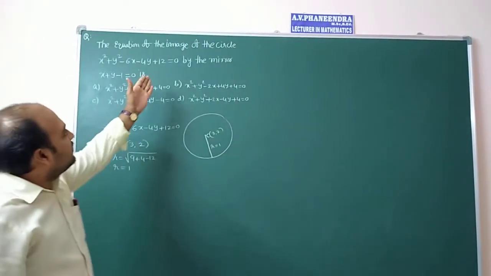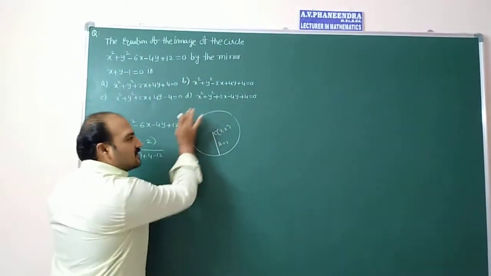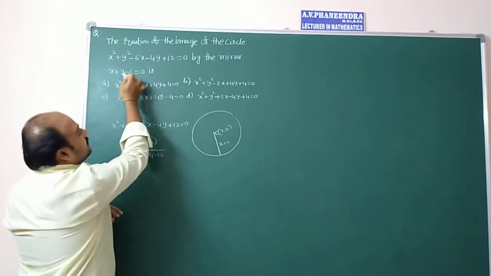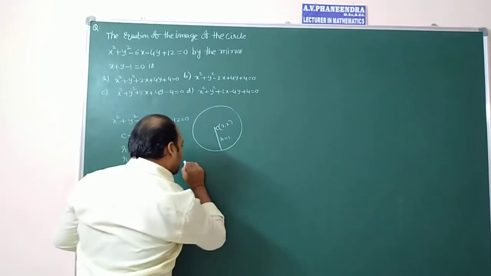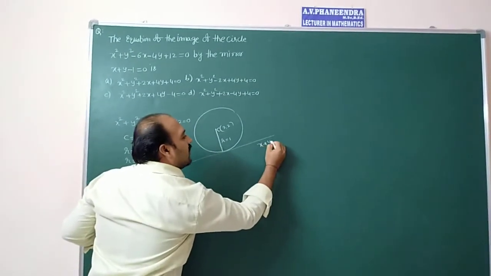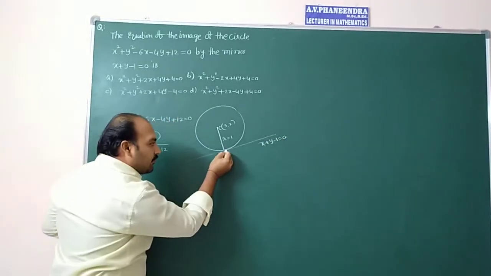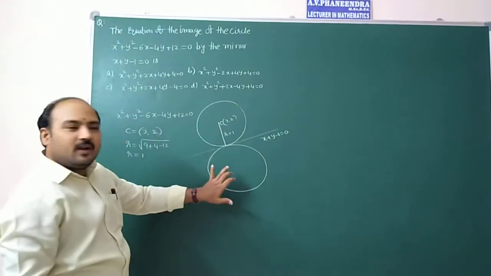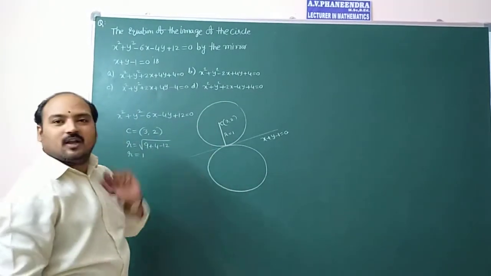Find the image of the circle. This is the given circle, and we reflect it by the mirror line x plus y minus 1 equal to 0. That means this is the line x plus y minus 1 equal to 0. Draw the diagram here. This is the mirror image of the given circle.